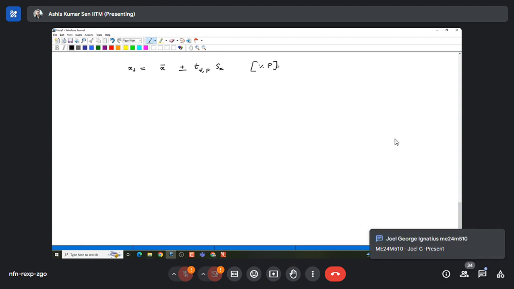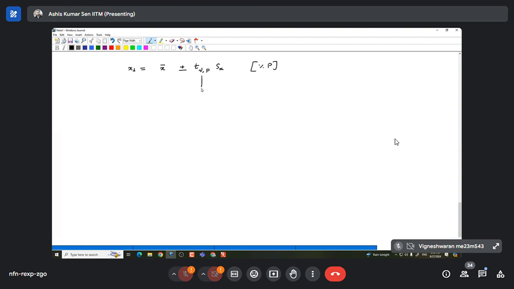If you have an infinite data set, then this t is replaced by z, when it is for an infinitely large data set.